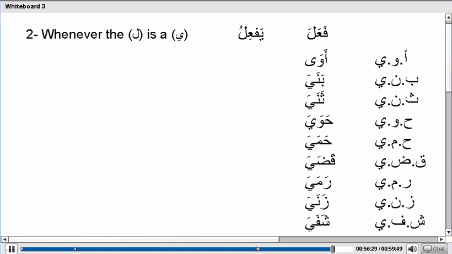Prepositions have nothing to do with sarf, with morphology, because they're fixed in that form. But there is a verb which says ala, though it's not from this type. It's from ala ya'lu, so it's from chapter 1, and therefore we write the alif standing.